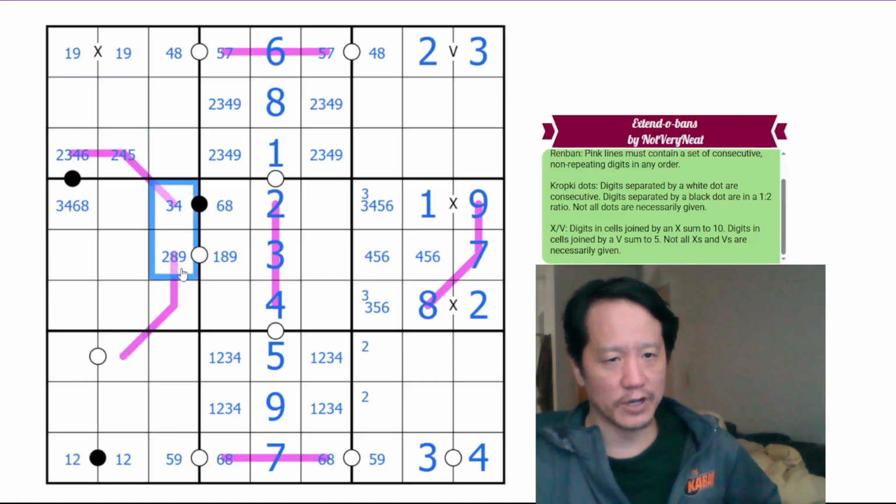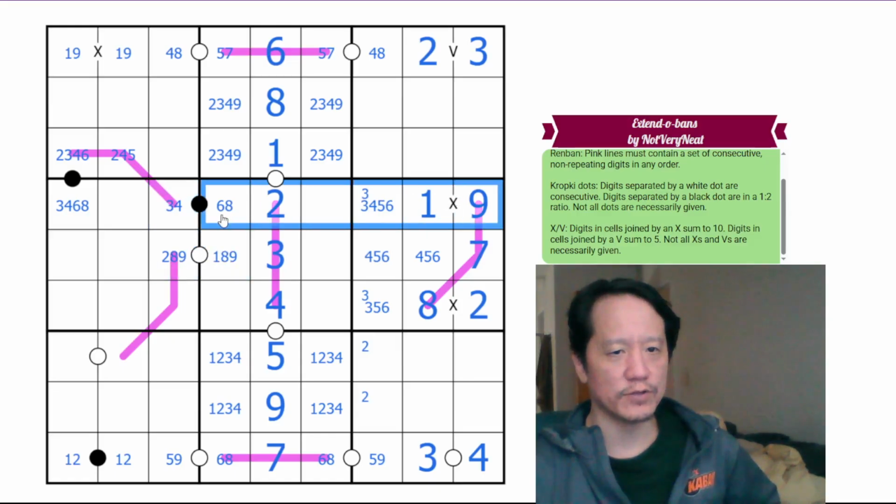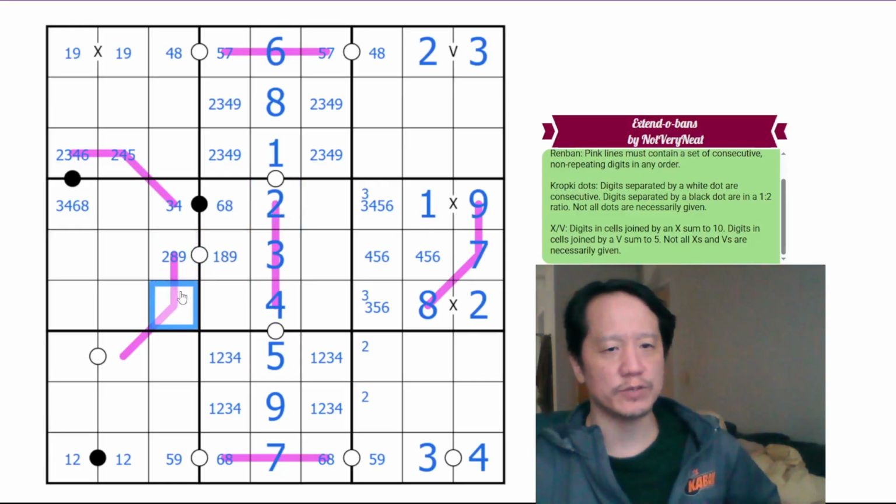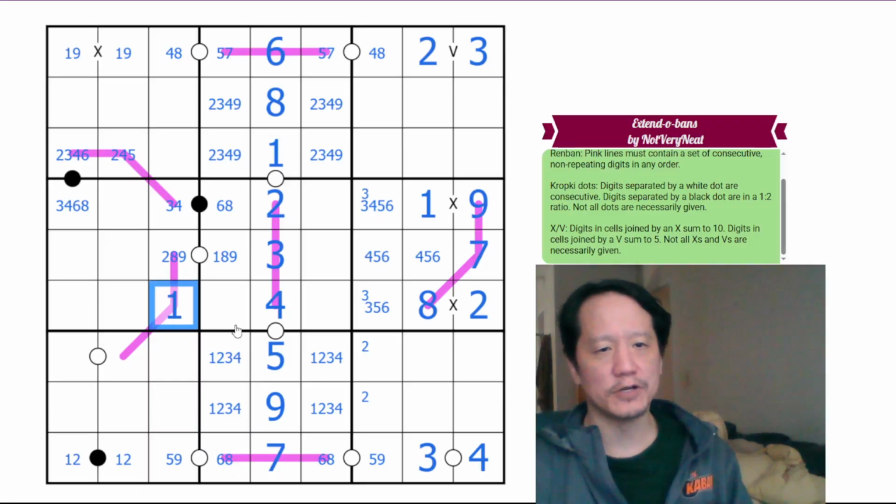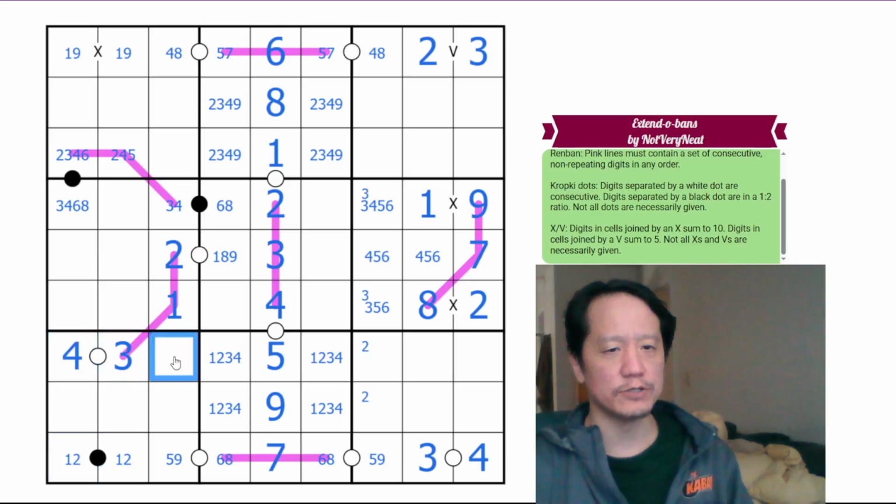These can't be 1 because of the way that it's... This can't be 1 because of 1 in the row, and if this were 1, that would force this to be 2, but we have a 2 in the box, so this has to be 1 here, which means this is 1, 2, and 3 on this red band, which makes this 3 consecutive with 4 because we can't have a 2 because of the 1, 2 pair in the box.